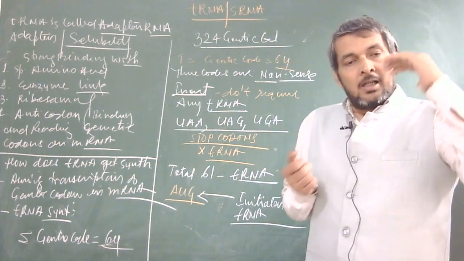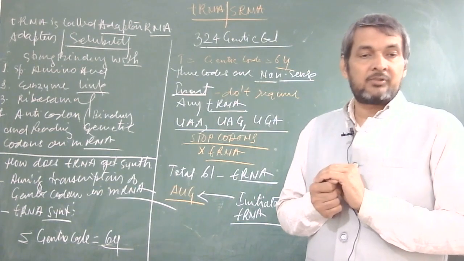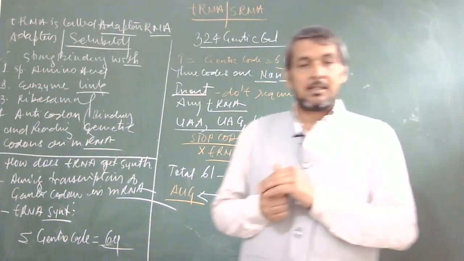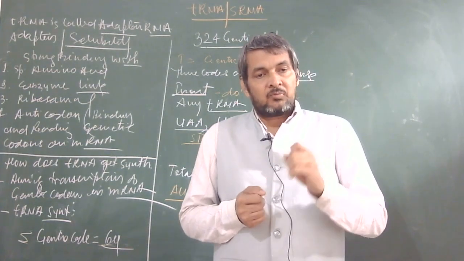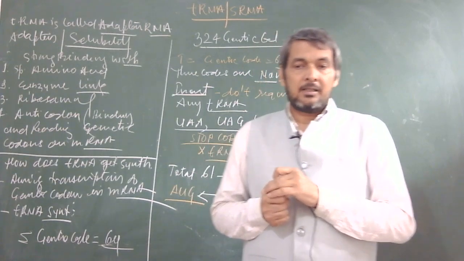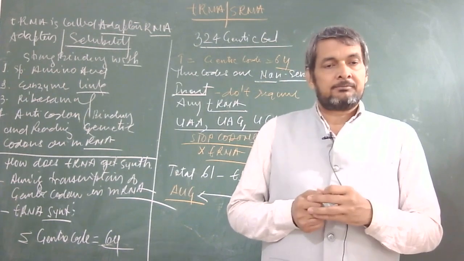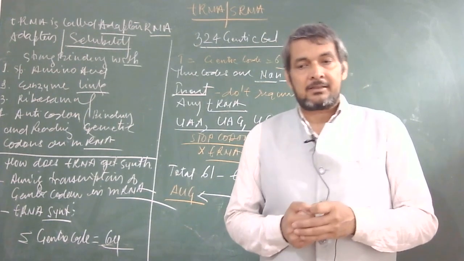So now out of 64 genetic codes, as per the Wobble hypothesis, only 61 genetic codes translate any amino acid in the form of polypeptide formation.